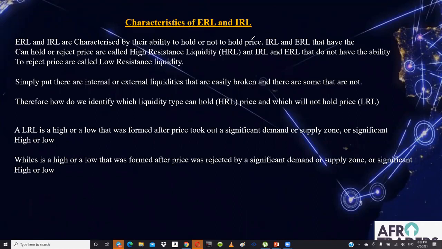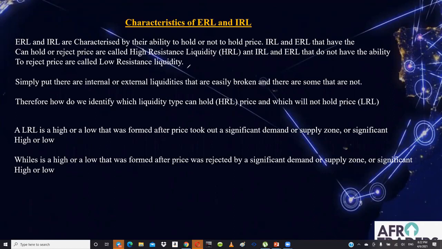So, internal liquidity, I read again. Internal range liquidity and external range liquidity that have the ability to hold or reject price are high resistance liquidity, HRL. And internal and external liquidity that do not have the ability to reject price are called low resistance.